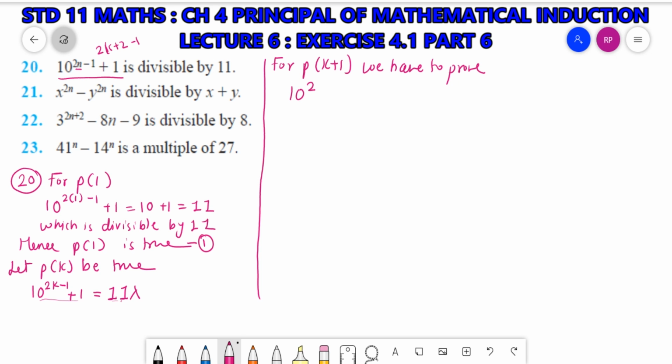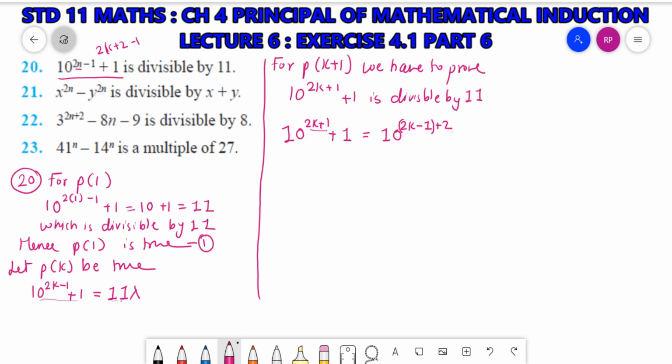So 2k plus 1, plus 1, is divisible by 11. So let's take now 10 raised to 2k plus 1 plus 1. I can write this as 10 raised to 2k minus 1 plus 2. I had arranged this 2k plus 1 as 2k minus 1 plus 2.